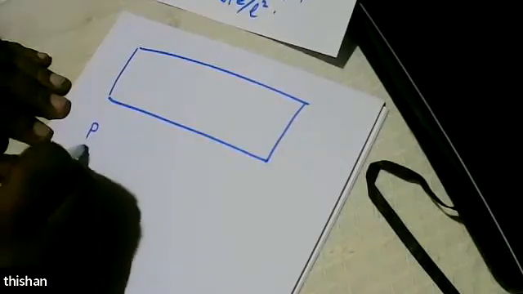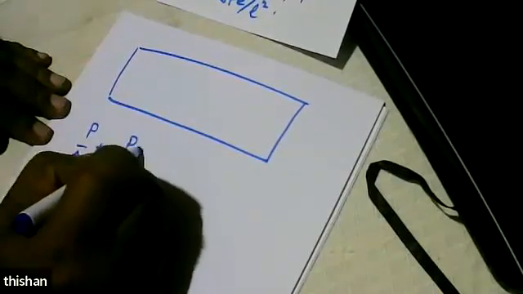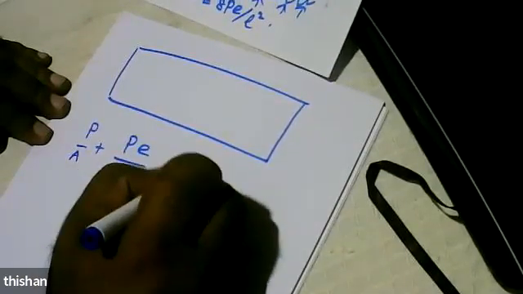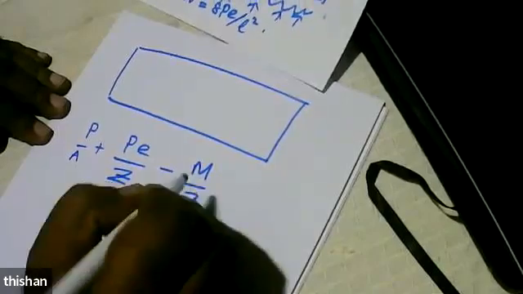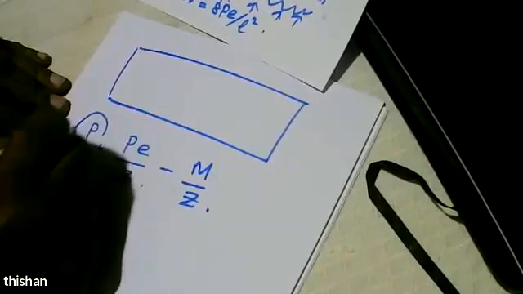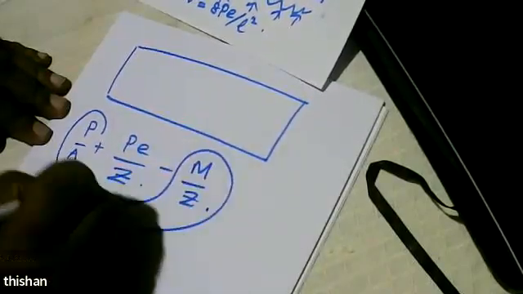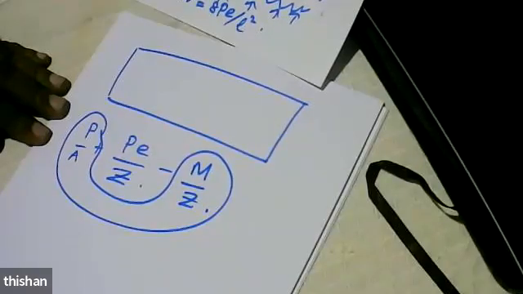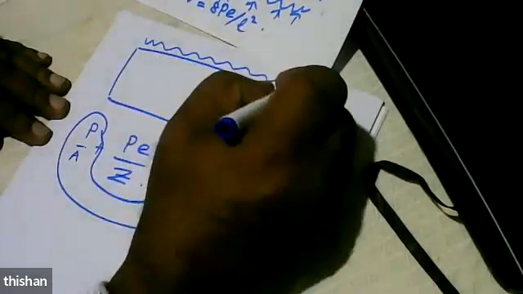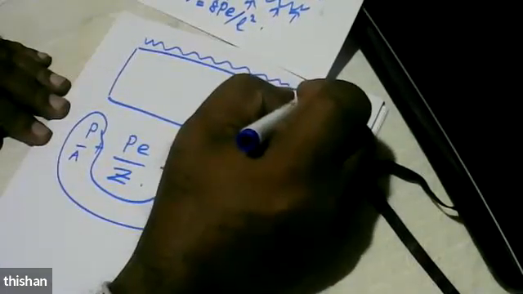If you actually look at it, it's a subtle way of representing our basic equation, P over A plus PE over Z minus M over Z. So what we do is, we keep this component like that, and we have the loads acting due to dead and live loads.